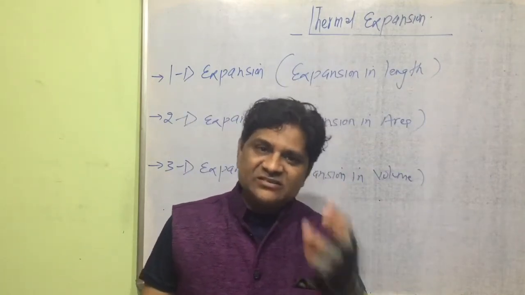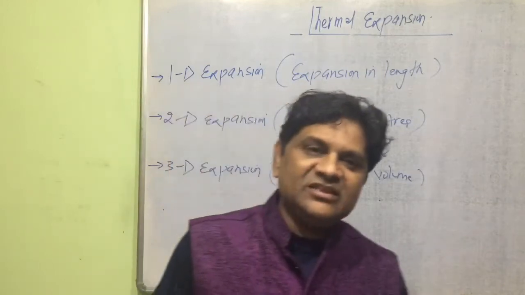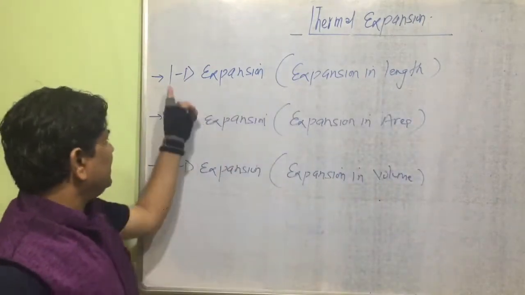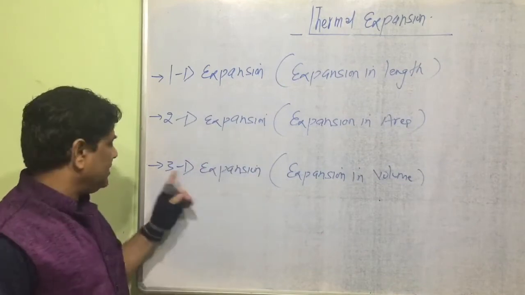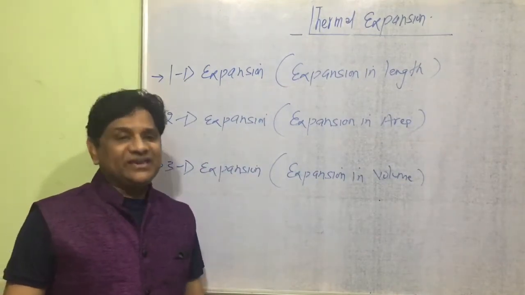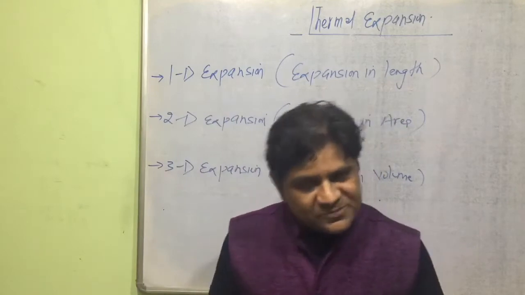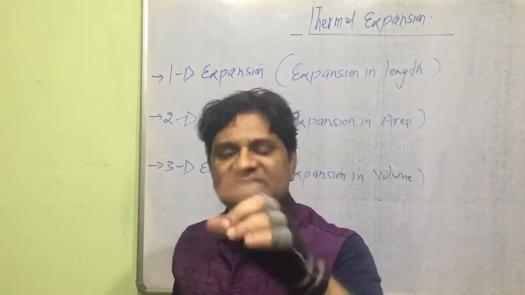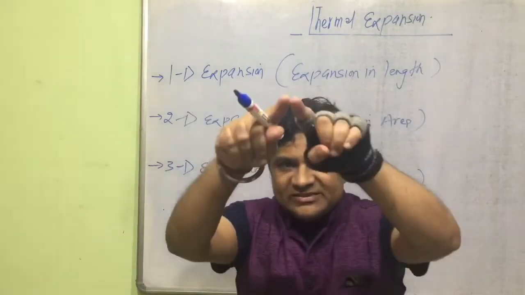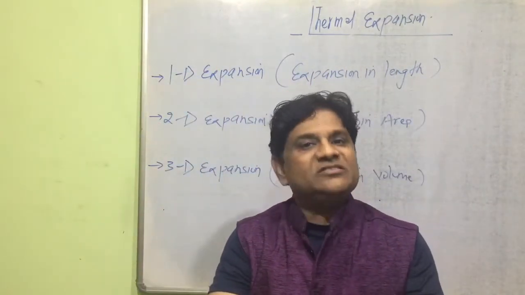Now, expansion is of three types. It may be one-dimensional expansion, two-dimensional expansion, or three-dimensional expansion. Expansion along the length is one dimensional.